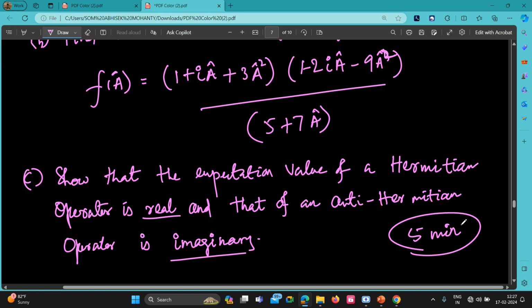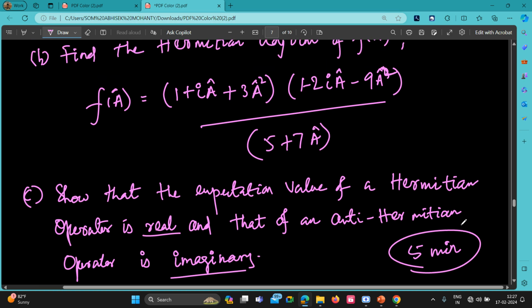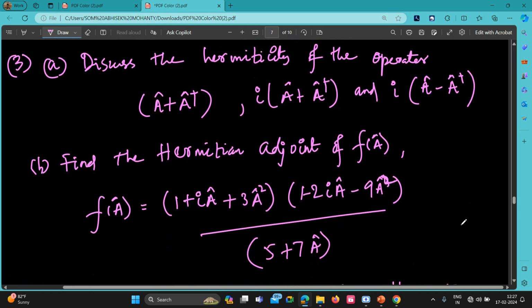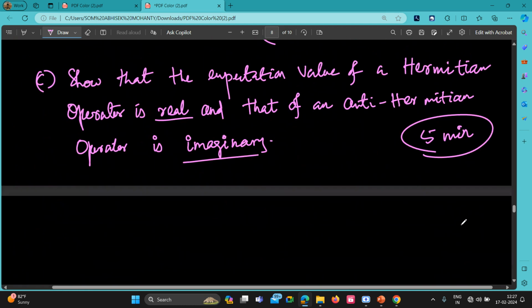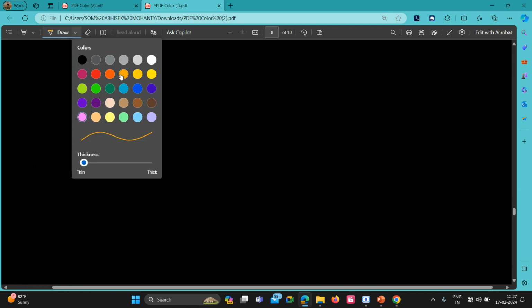I hope we could solve it. Discuss the hermiticity of the operator A plus A dagger. So how to solve it? Suppose B operator is equal to A cap plus A cap dagger.